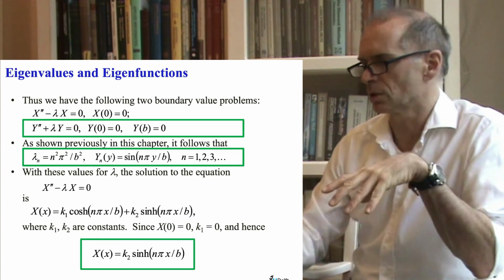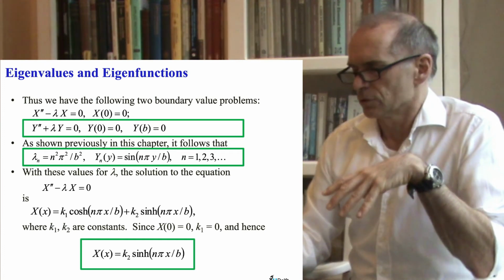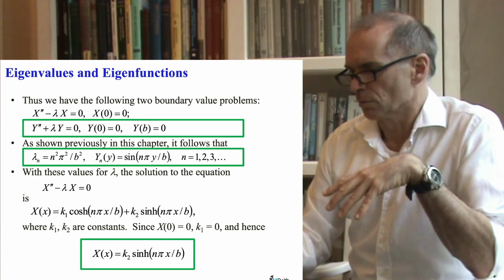So that is the tactics that we have in mind.